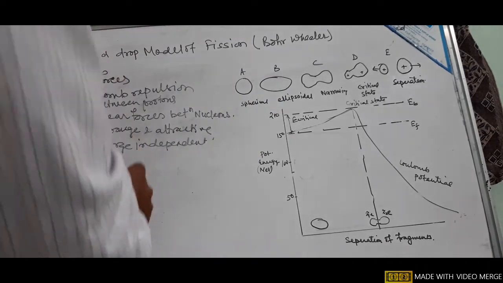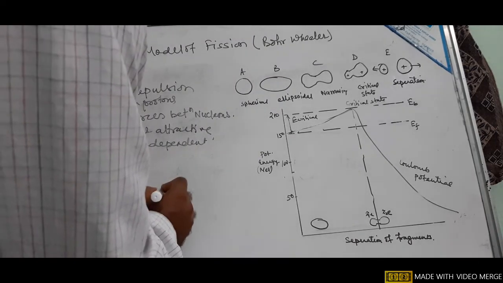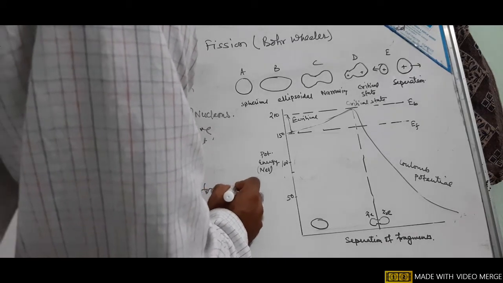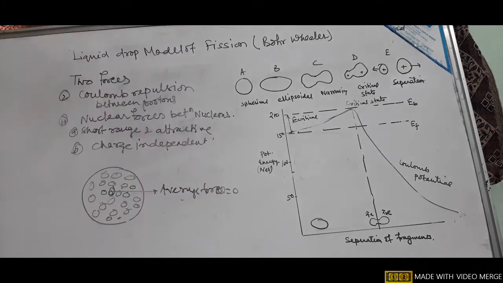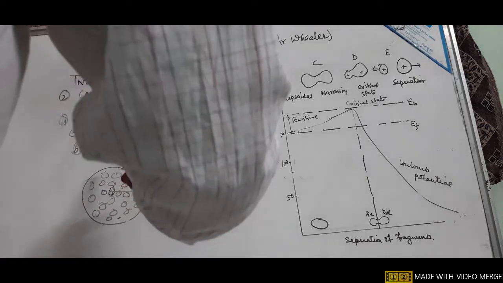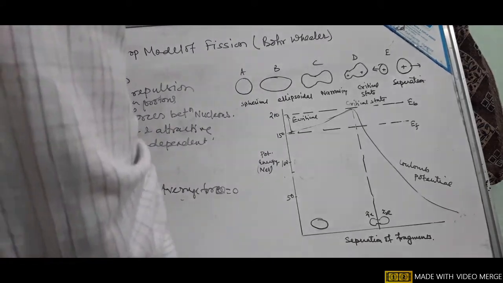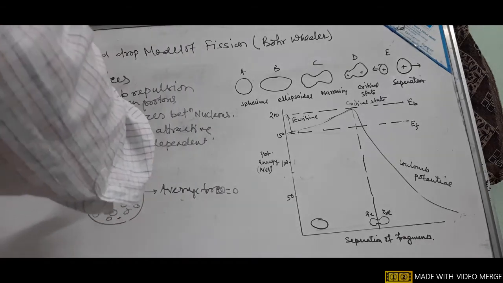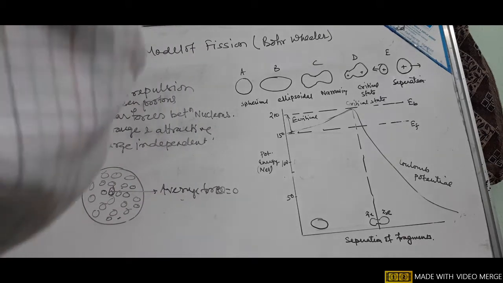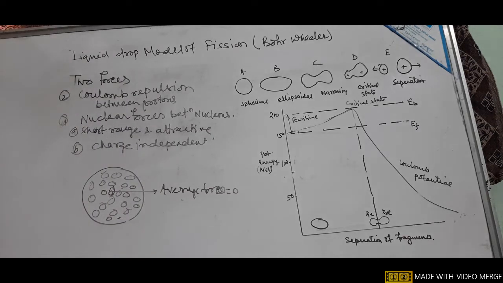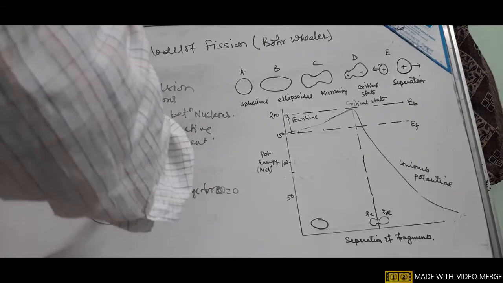So the average force acting on it is zero inside the nucleus, whereas for the nucleons on the surface there will be a net force, because they will be attracted only by those nucleons which are inside.